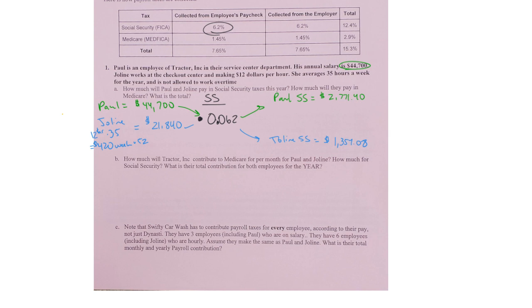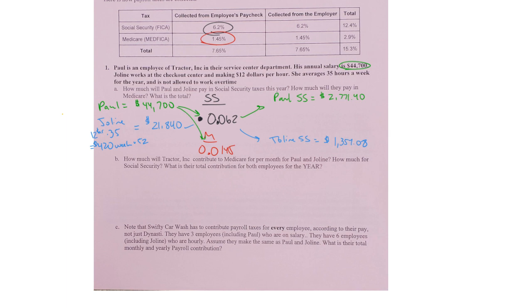So how much will they pay in Medicare? Right? Medicare, a little bit different. So Medicare is going to be 0.0145, because remember, that's 1.45%. So I'm going to do Paul's Medicare.